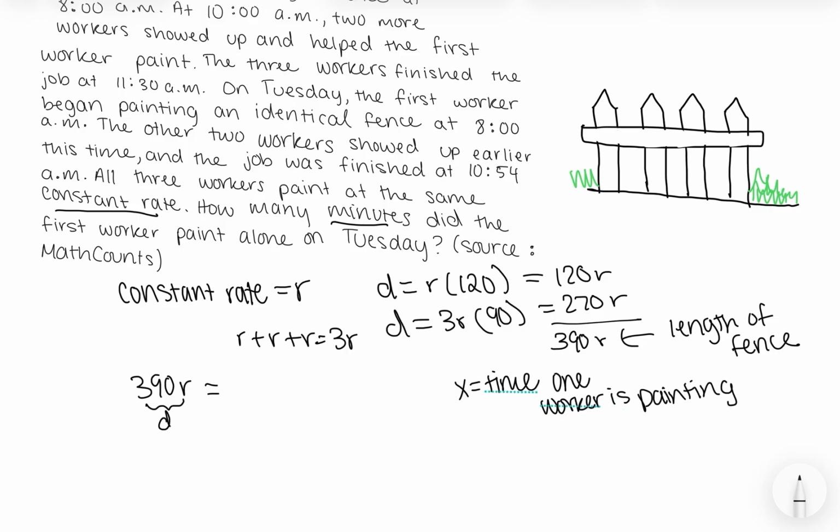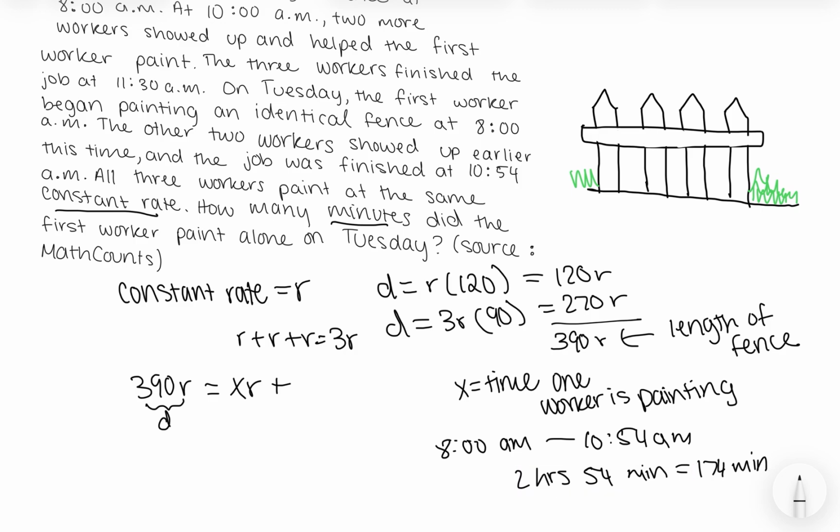So we're going to have x times r, because that's 1 worker's rate. But then there's going to be another portion of this time period where all 3 of them are working. And the total time period is the time between 8 a.m. and 10:54 a.m. That's 2 hours, 54 minutes, or 174 minutes.